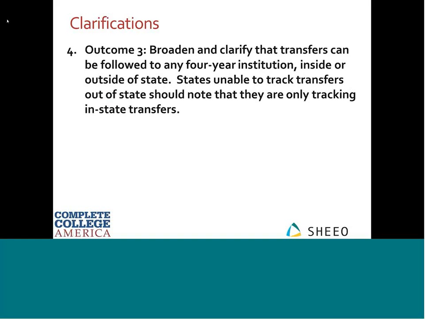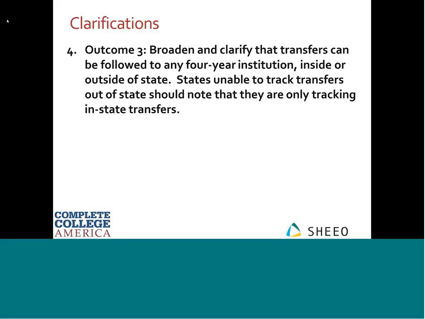For outcome 3, a number of you have asked us why we're not tracking transfer students outside of a state's borders, and some of you may have been reporting them outside of a state's borders. Because the transfer mission is so important to get right, we have decided to take off any restrictions on transfers outside of the state.